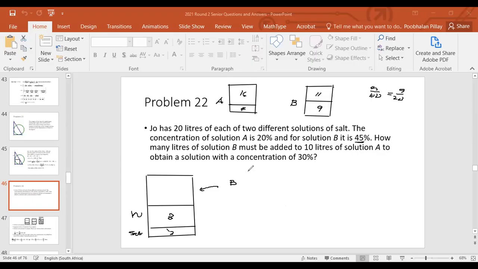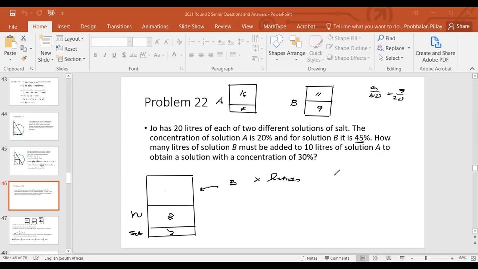Now, you're taking some stuff from B. We don't know how much, so let's let that be our unknown. We're taking X liters of B and putting it into this.